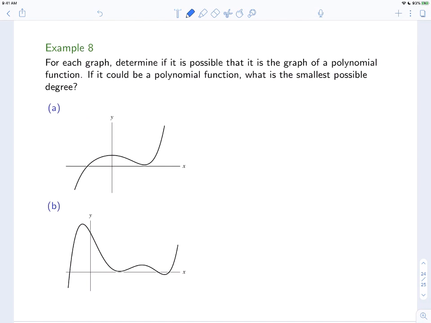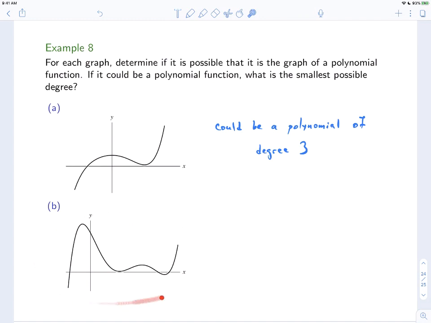It looks kind of like a cubic, maybe not exactly, but this one could be a polynomial function of degree 3. It has to be at least 3 because we have a turning point there and a turning point there. So there are 2 turning points, so the degree has to be at least 1 higher.